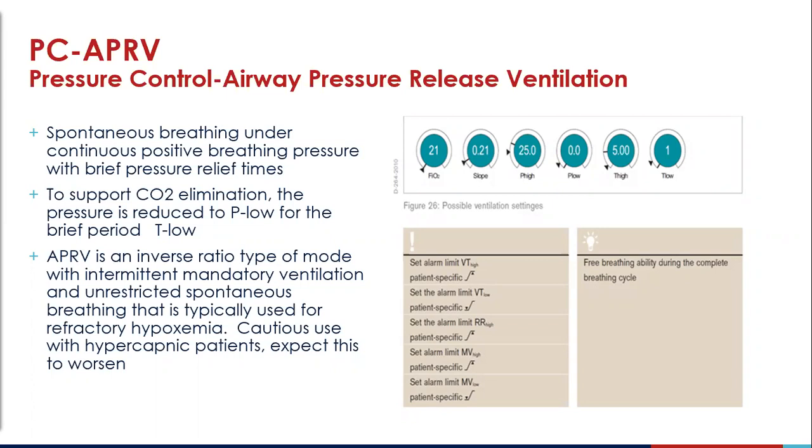APRV is based on the principle of an open lung approach. It has many purported advantages over conventional ventilation, including alveolar recruitment, improved oxygenation, preservation of spontaneous breathing, improved hemodynamics, and potential lung protective effects. This is a very complicated mechanical ventilator mode and is not for a novice.